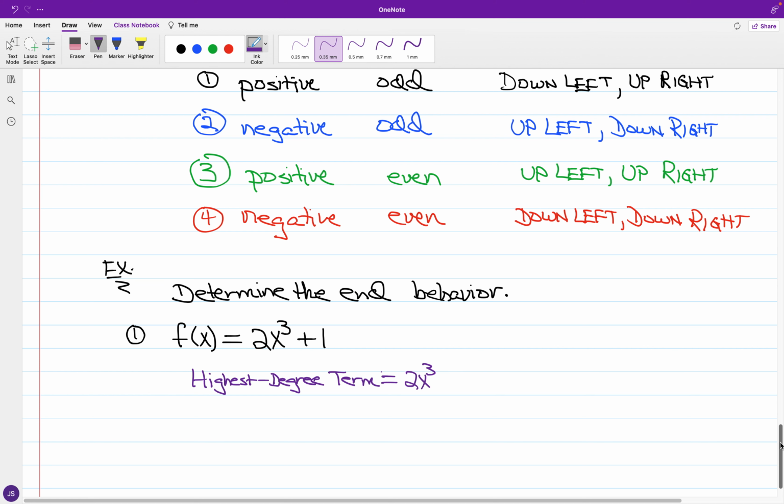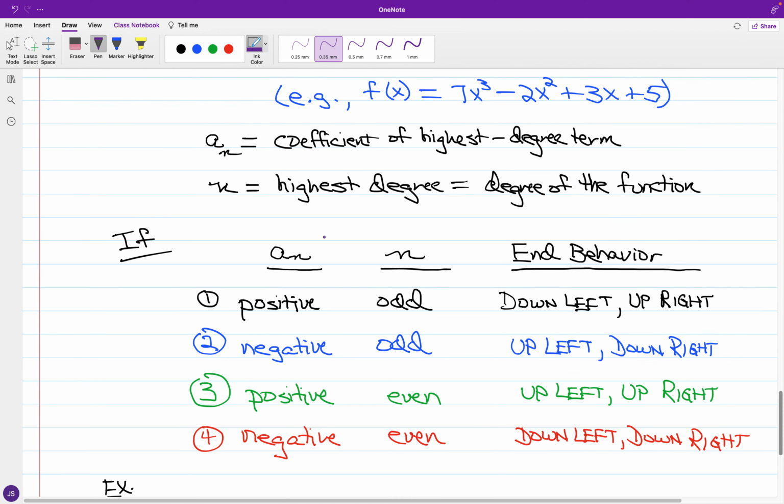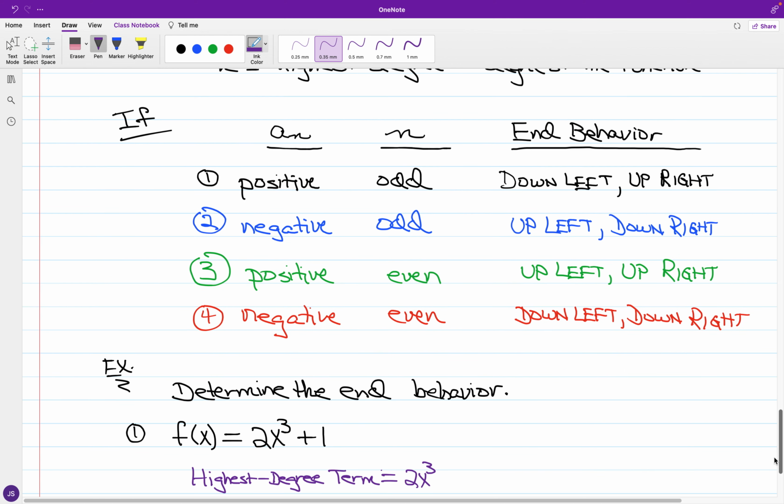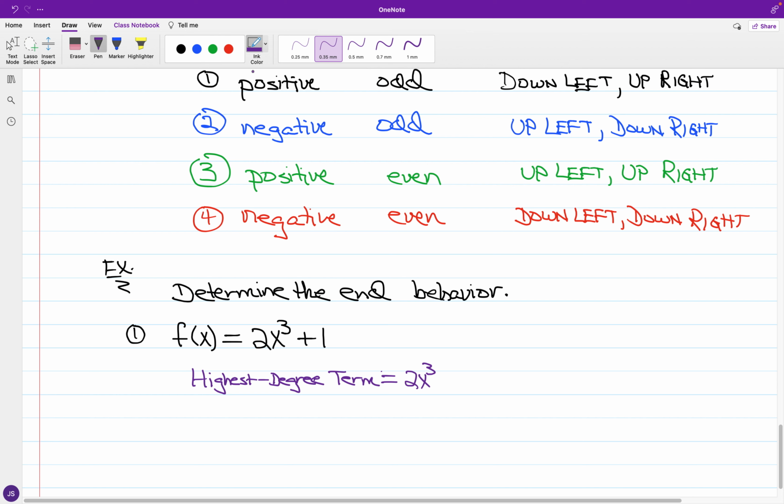And looking at the end behavior, again, we had a sub n as the coefficient of the highest degree term, and n is going to be the highest degree that appears in the function. So in this case, the highest degree term is 2x cubed. So we have that a sub n is equal to 2, so a sub n is positive.